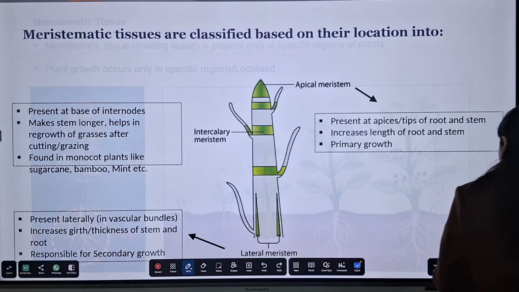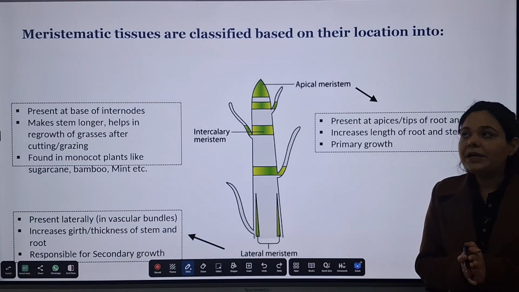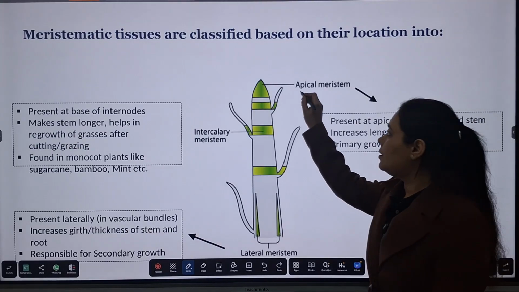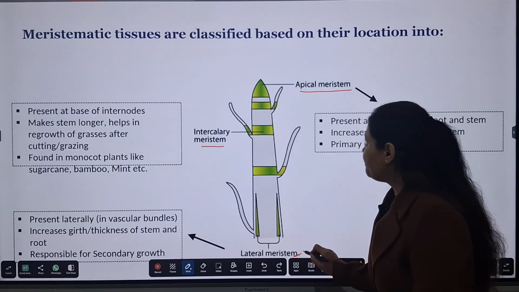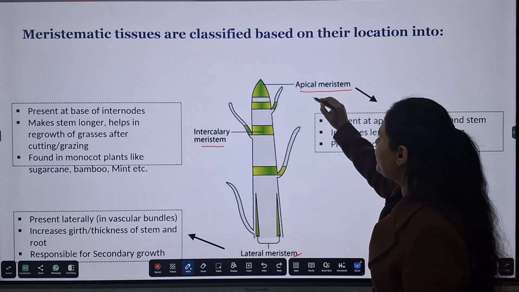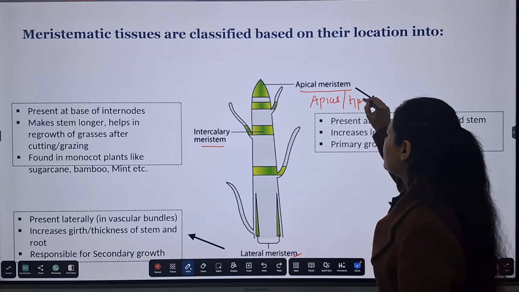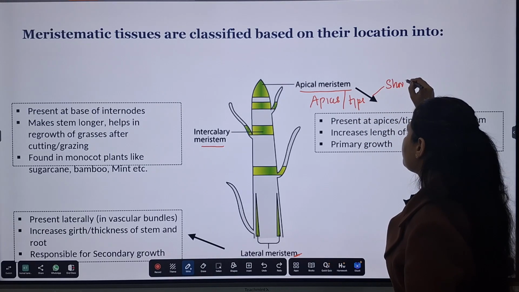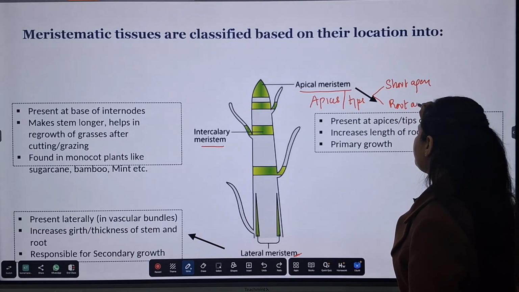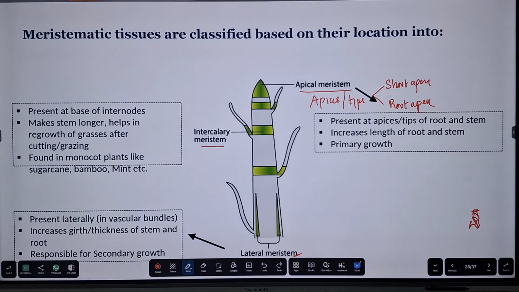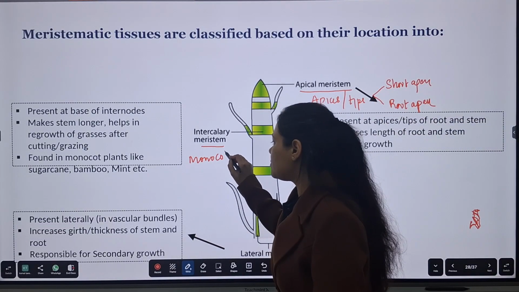On the basis of localization of these tissues, meristematic tissues can be divided into three types: apical meristem, intercalary meristem, and lateral meristem. Apical meristem is basically present at the apices or tips, like the shoot apex and root apex. Intercalary meristem we see in case of monocots, grasses.